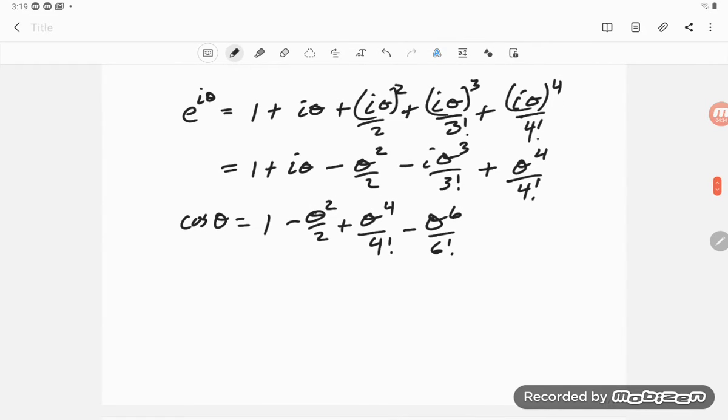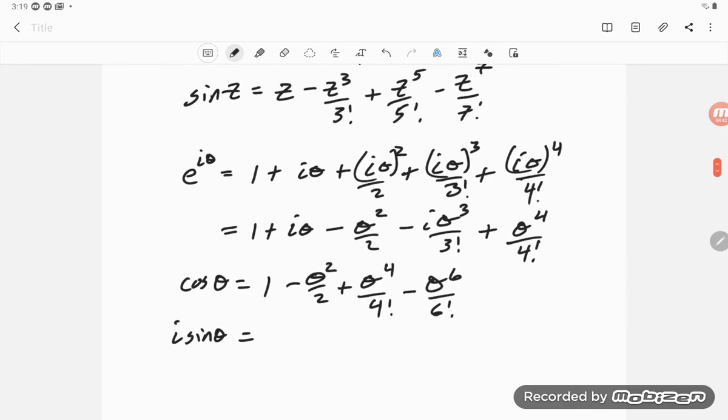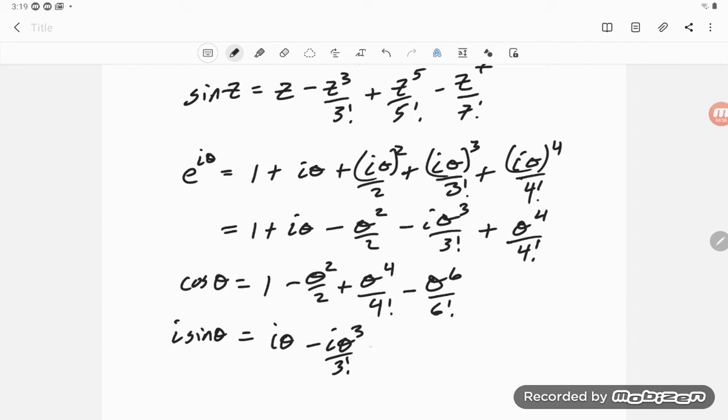And then i sine theta. We need our sine theta, so I would get i theta, because I need i times the z, and then minus i times theta cubed over 3 factorial, and then plus i times theta to the 5th over 5 factorial, and so on.